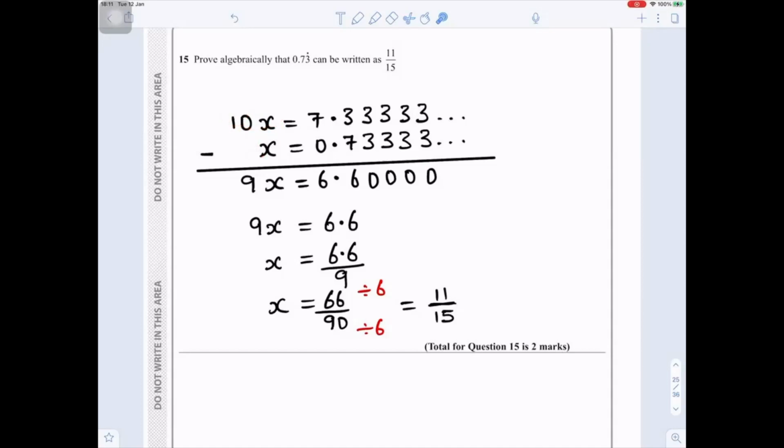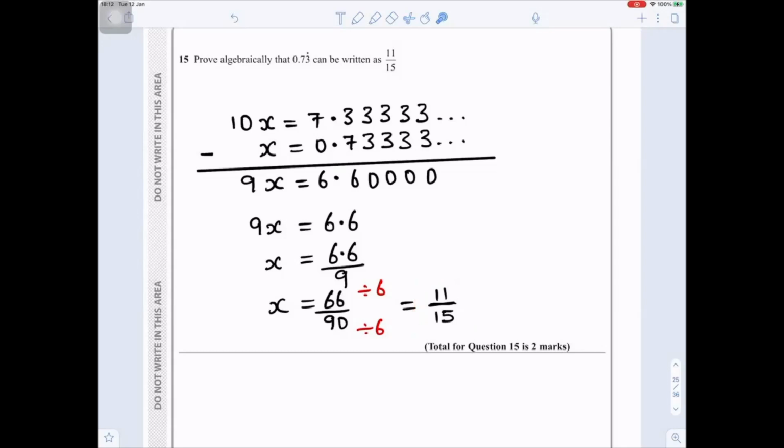So 9x is equal to 6.6. What do you times by 9? 9 times something gives 6.6, so the opposite of times 9 is divide by 9. So you take that to that side. So x is 6.6 divided by 9. If you put that in your calculator, it will give you 11 over 15.